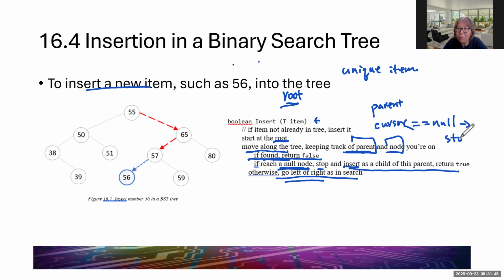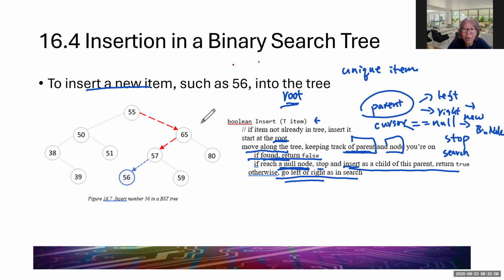Then you stop the search. At the same time, because you keep track of the parent node, you can now set the parent's left or right to the new node. So that's the general idea.